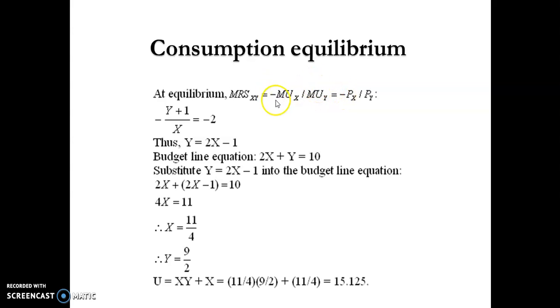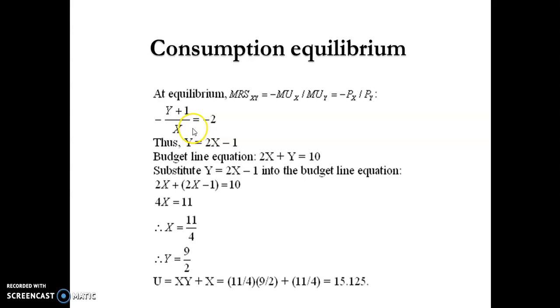They are your negative ratios of these two. So I am going to rearrange again such that either y or x is the subject of the formula, so that I can obtain my optimal bundle or mix, which I'm going to substitute into my budget line equation. So I'm going to multiply both sides by negative x because x is in the denominator.